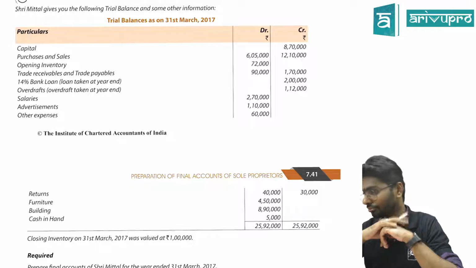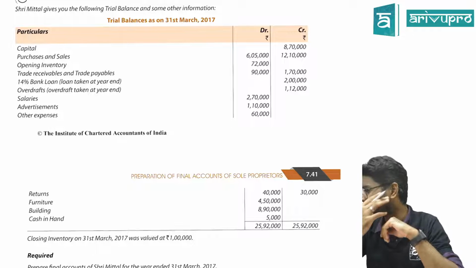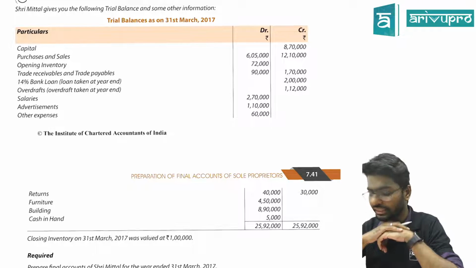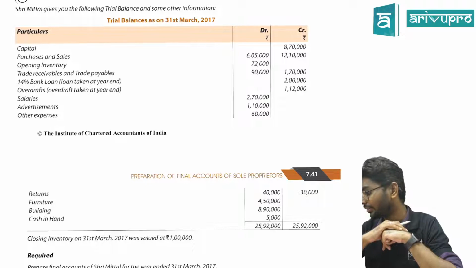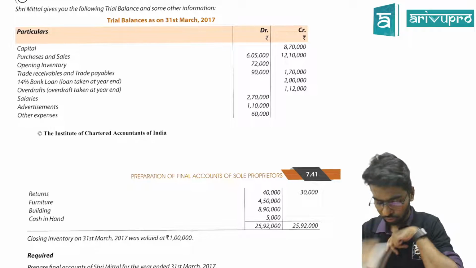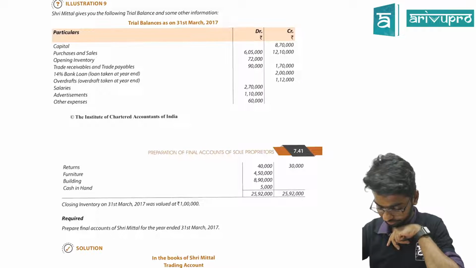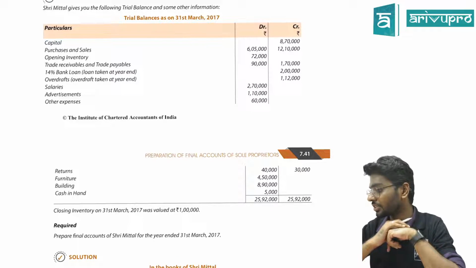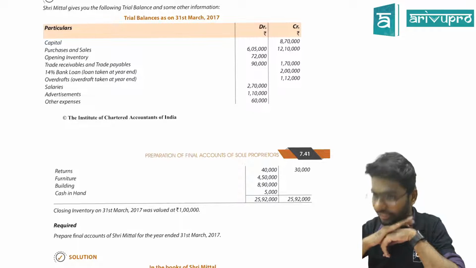Trading. Write down trading and profit and loss account for the year ending 31st March 2017. In the exam, don't write shortcuts like trading, P&L; write profit and loss account only.